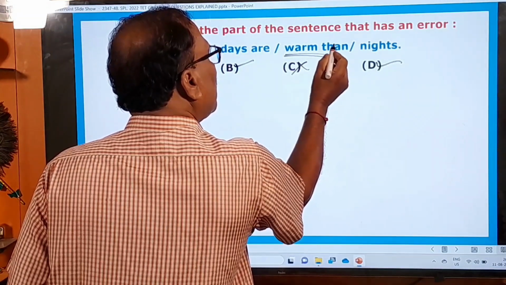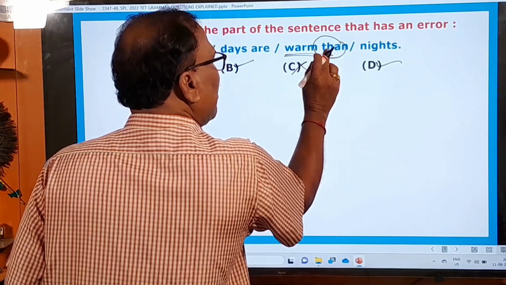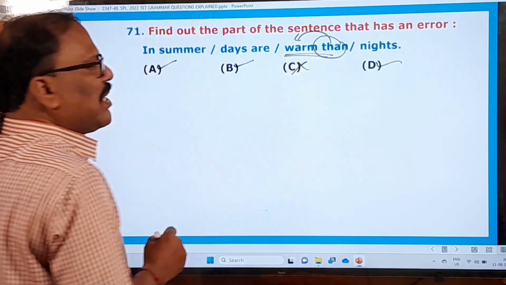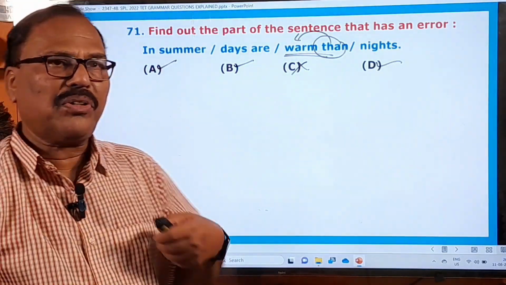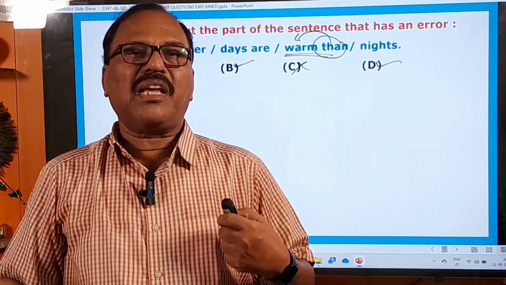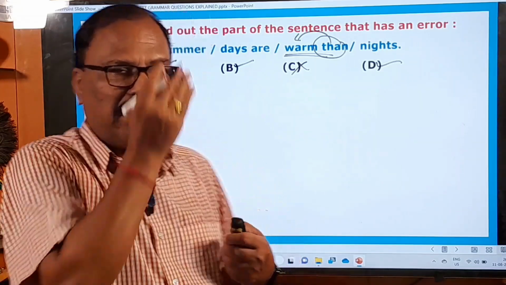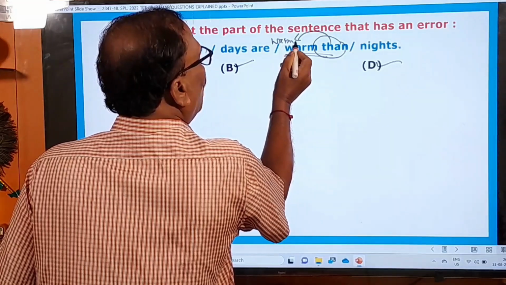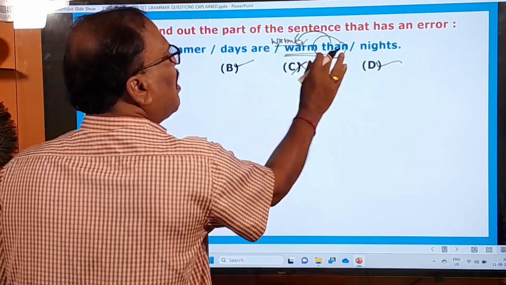Than is used in this sentence, and than is used only after a comparative adjective. That means before than there must be a comparative adjective, right? But here the comparative adjective is not used, and it should have been warmer than nights.